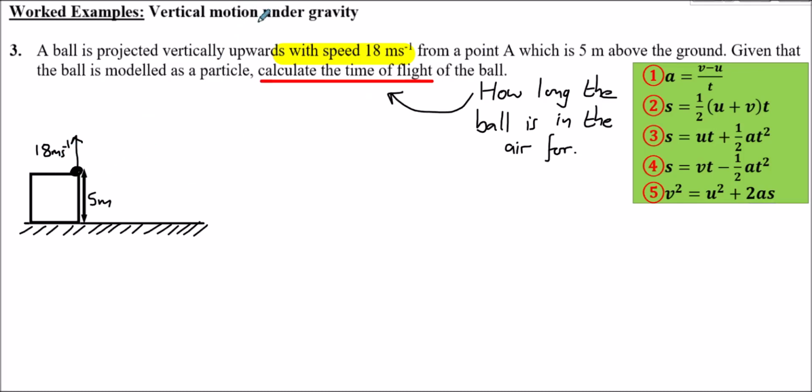And to be honest, who cares? The main thing is I'm just trying to illustrate it's not gone from ground level. So it's going to go up, reaches a maximum, then falls back down to Earth here. So the initial direction of motion is upwards. So again, I'm going to take up as positive.